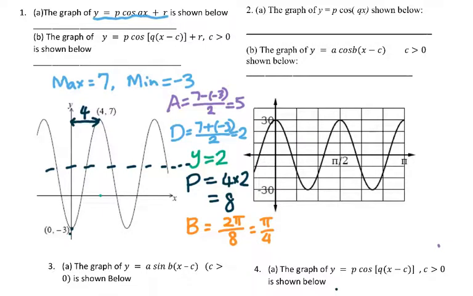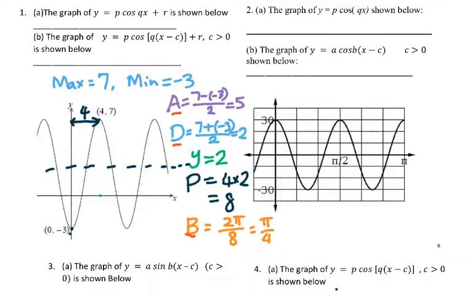After we figure out a, d, and b, it's time to get c. For the c part, you have to analyze the given pattern of a sine or cosine function. We got this pattern that's p times cosine qx plus r.